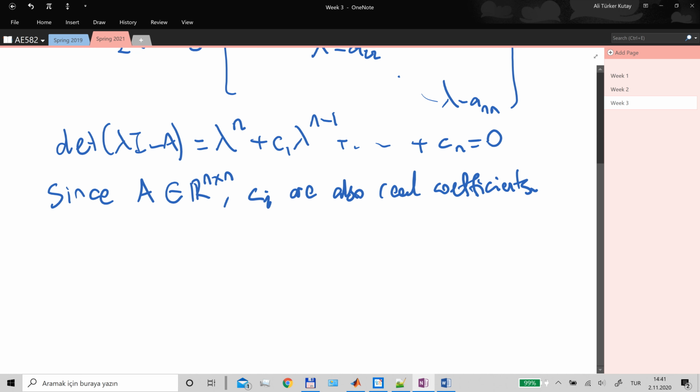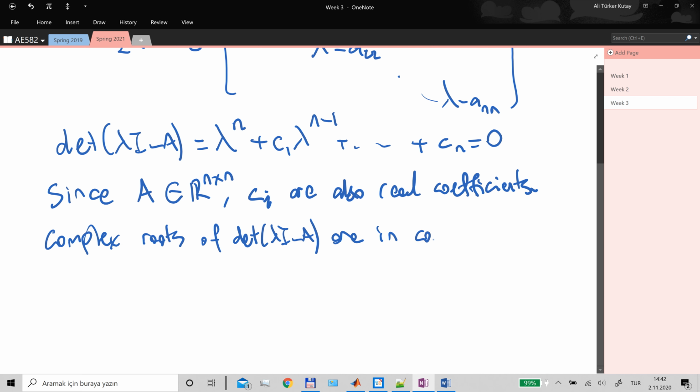In this case, the complex roots of determinant lambda I minus A are in complex conjugate pairs.